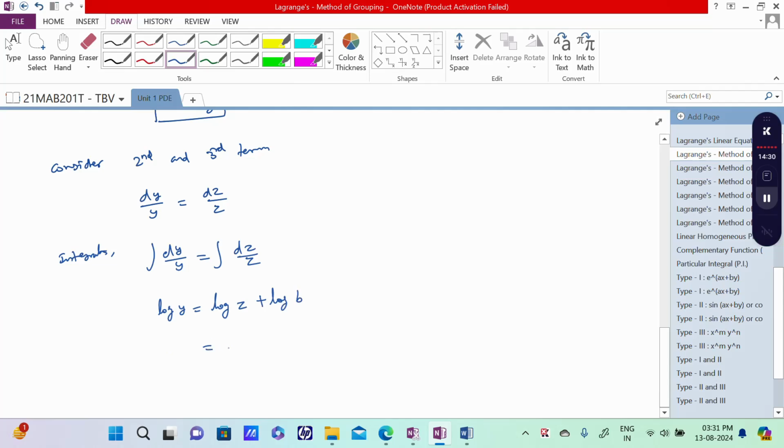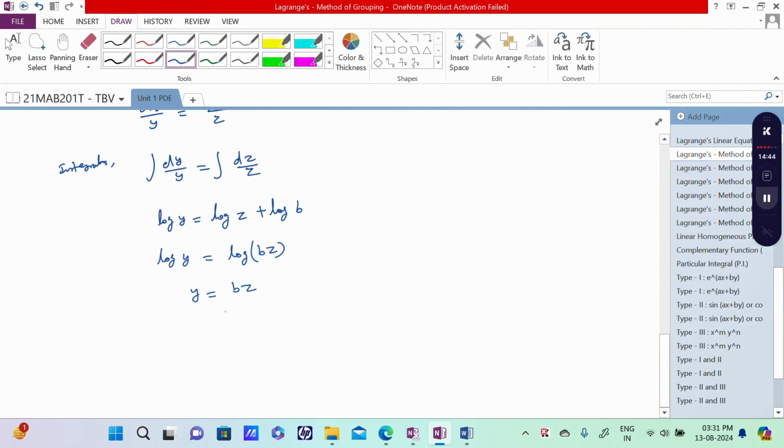Log b plus log z is nothing but log of bz. Remove the log on both sides, therefore y equals bz and b equals y by z. Then v equals b, therefore v equals y by z.